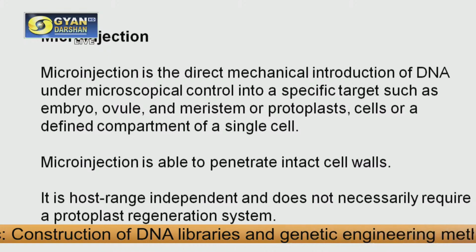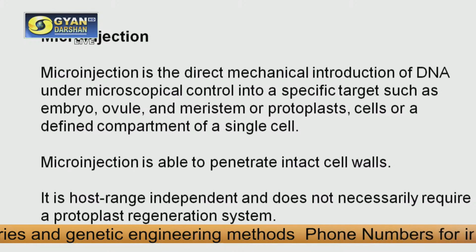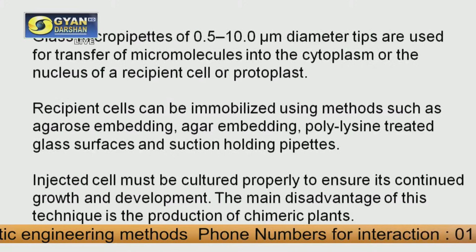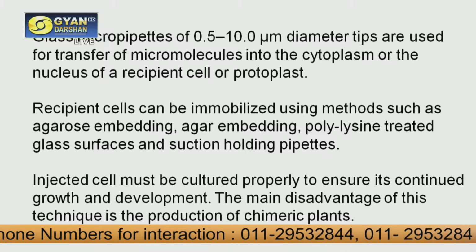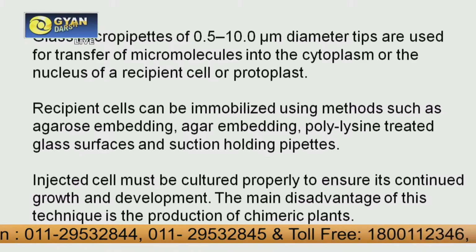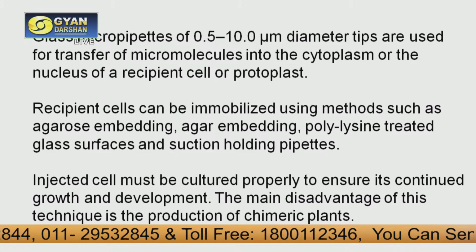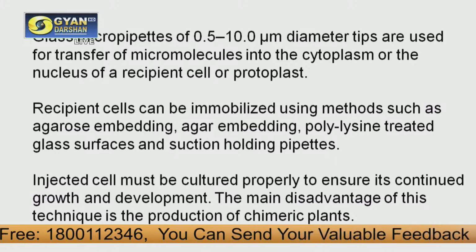So sometimes this is easier, and you can go for it, where you basically use glass micropipettes with 0.5 to 10 micrometer diameter tips, and using these glass micropipettes you can inject. You can transfer macromolecules into the cytoplasm or the nucleus.